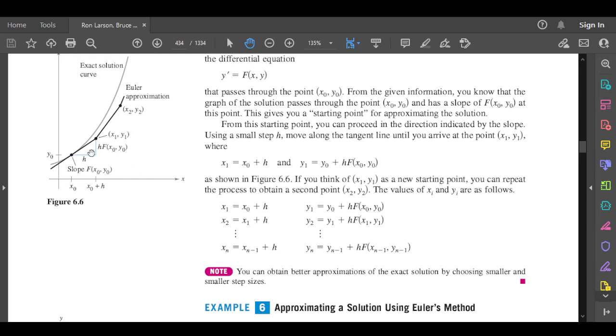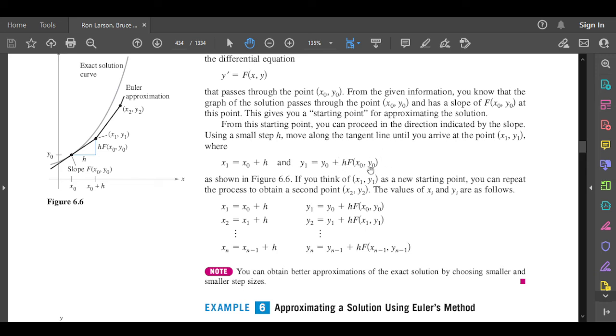So first, you are given x naught, y naught, and then solve for x1, y1. Kini siya nga point given by this. So x1 is equal to x naught plus h, and y1 is equal to y naught plus h times f of x naught, y naught.